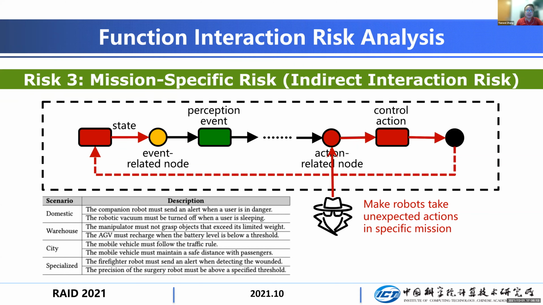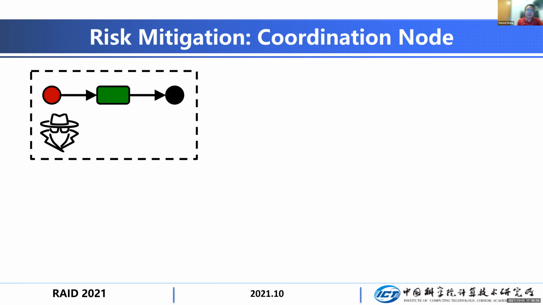Given these risks, our second contribution is to introduce a new methodology which is able to mitigate these risks. The key idea of our mitigation solution is to introduce a set of coordination nodes.